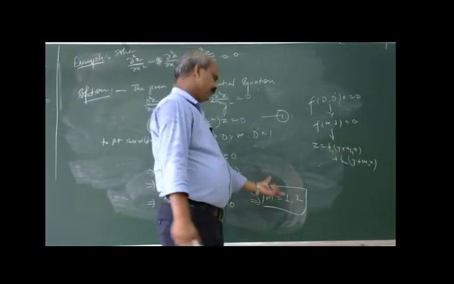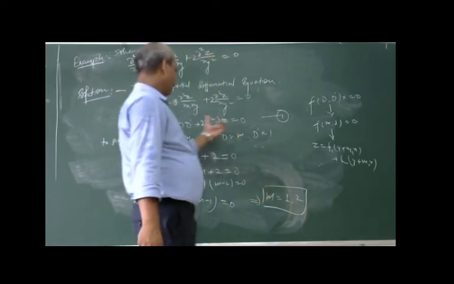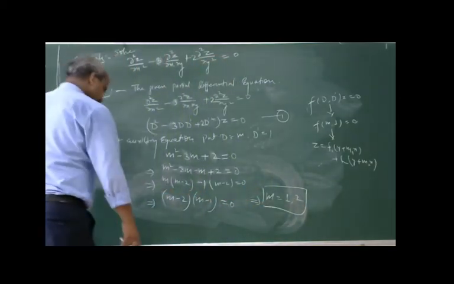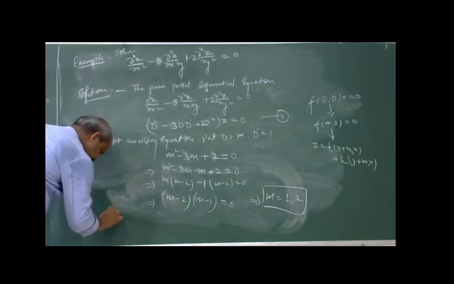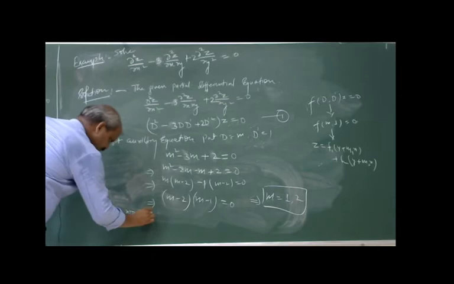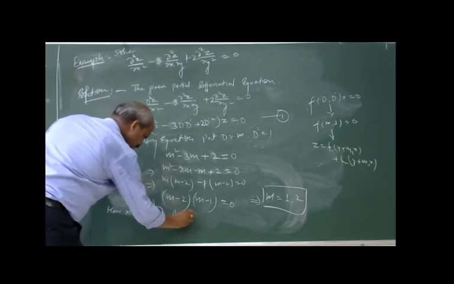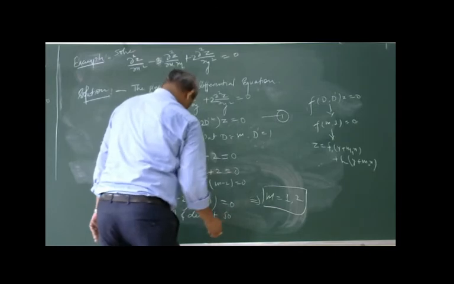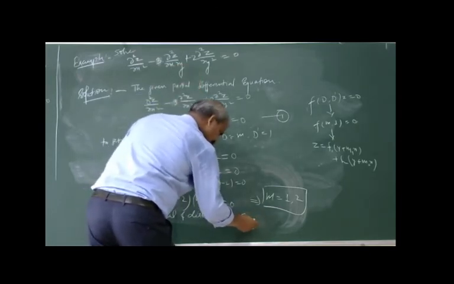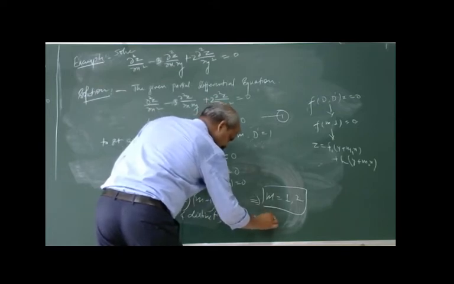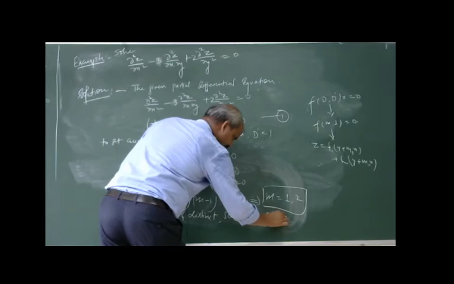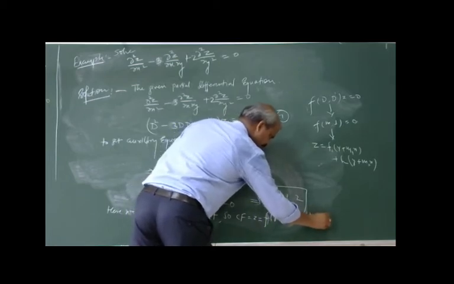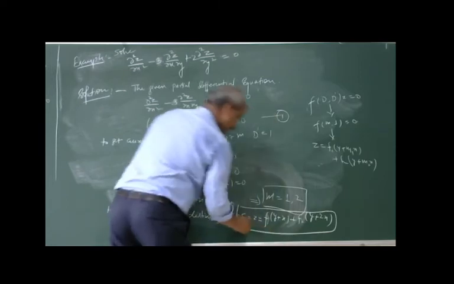The roots of this auxiliary equation are real and distinct, so the complementary function, that is z equal to f1 of y plus m1 x, the value of m1 is 1, plus f2 of y plus 2x.